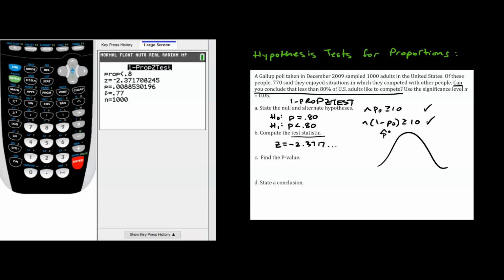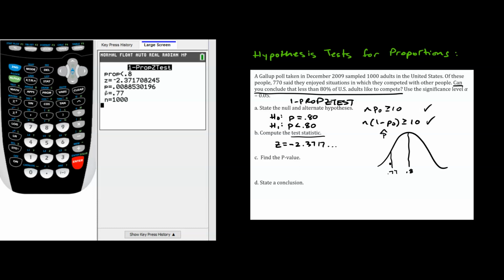So if this is the distribution of sample proportions, and we're assuming our null to be true, then 0.8 is our mean. Well, in our sample, we had 770 people out of 1,000 who said that they enjoyed competing. And so 770 out of 1,000 is 0.77.